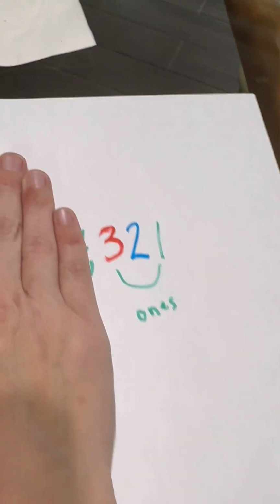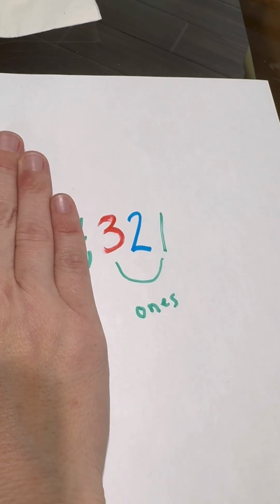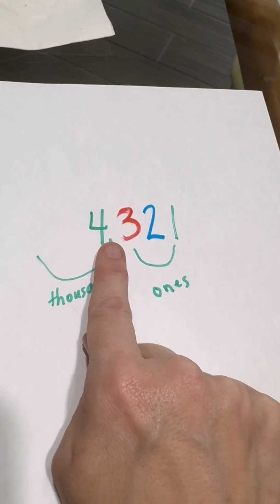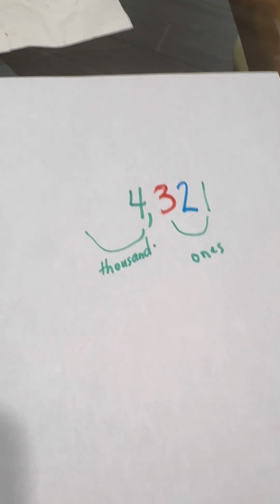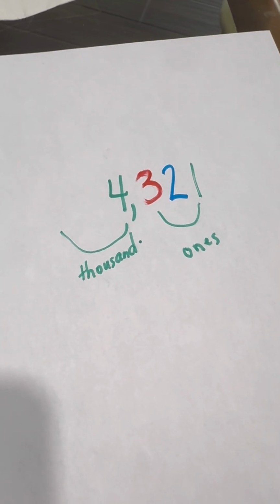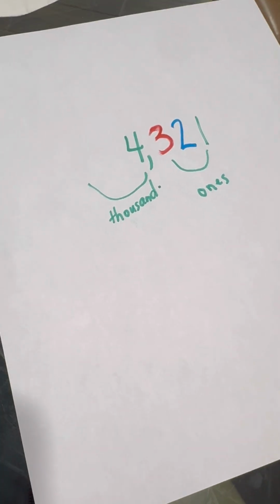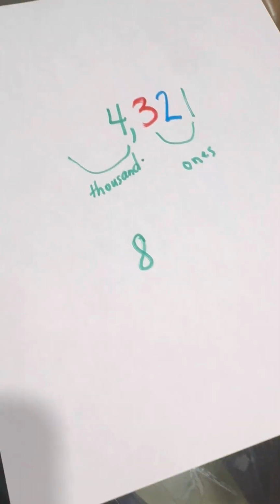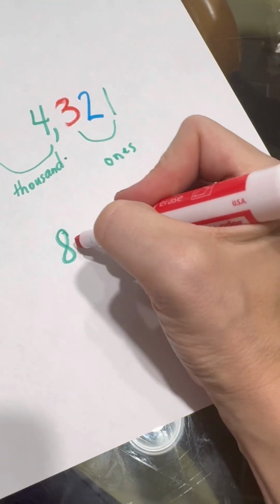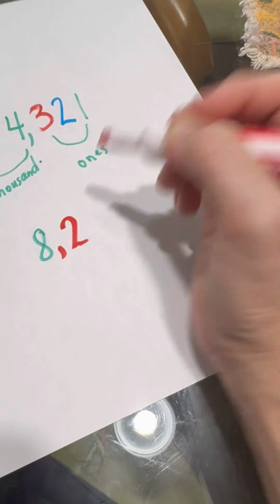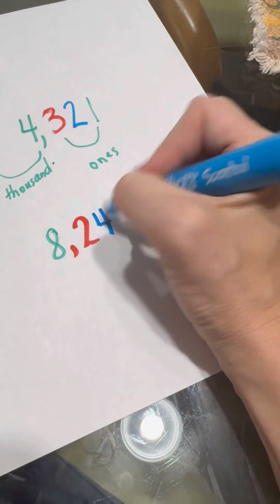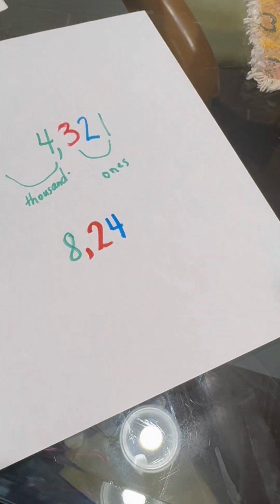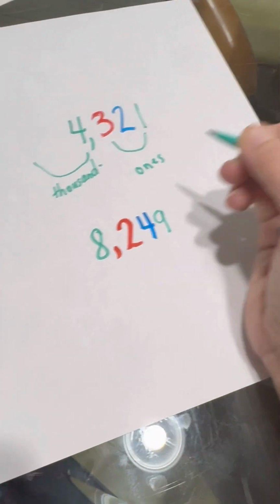How would you read that number? 321. So 4,321. So if you can read a 3-digit number, you can read any number. Okay, let's try another one. Remember units are green, hundreds, okay, blue, okay.